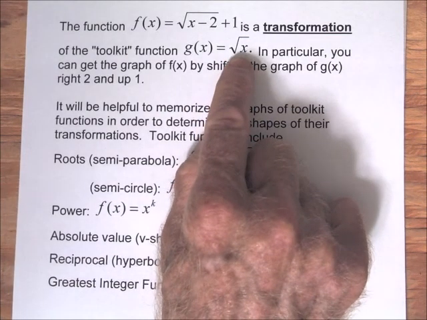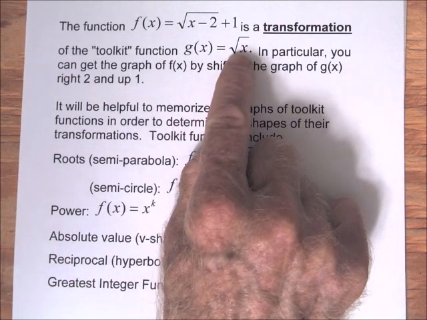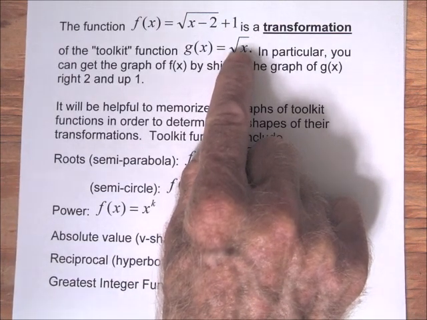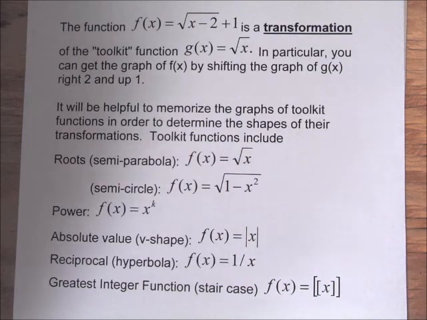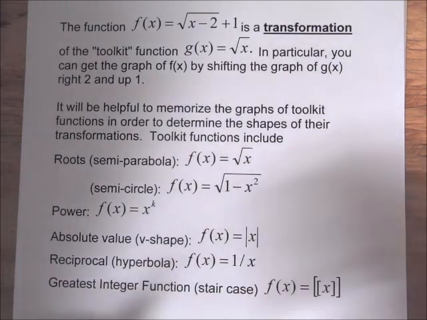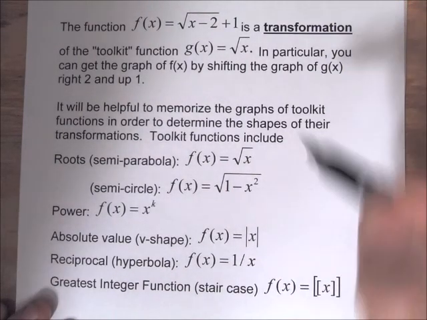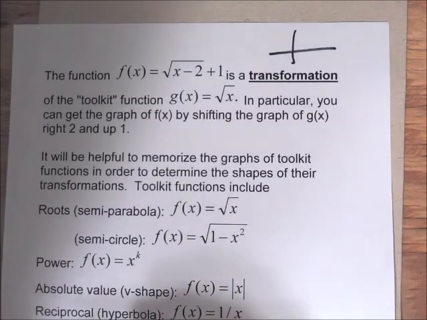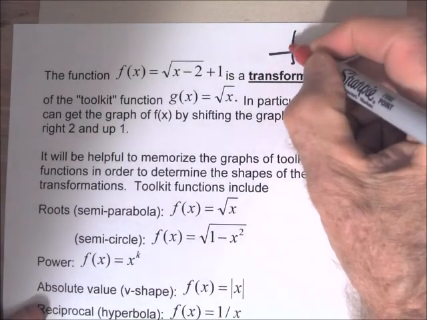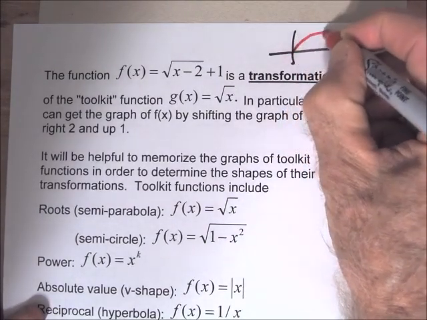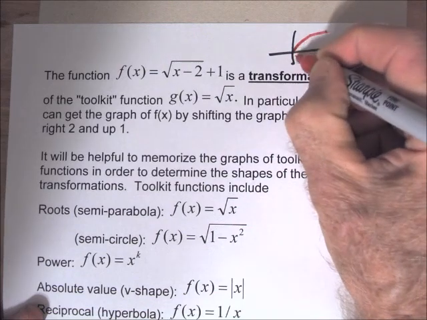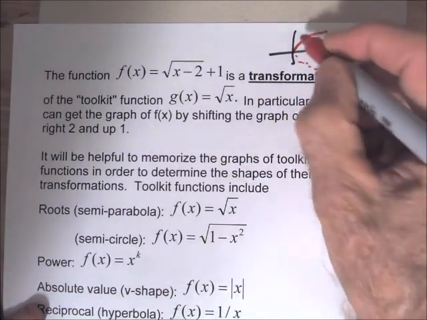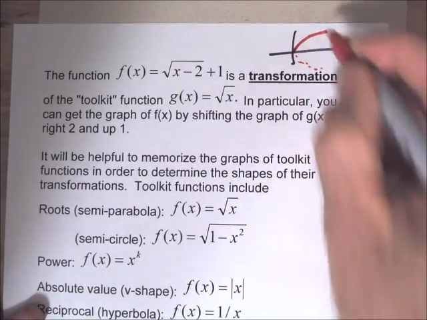One of the toolkit functions is square root of x. That's a semi-parabola. The graph of square root of x has its vertex at 0, 0. The full parabola would have a piece down here, but this is a semi-parabola.